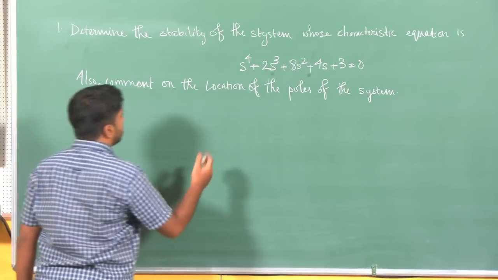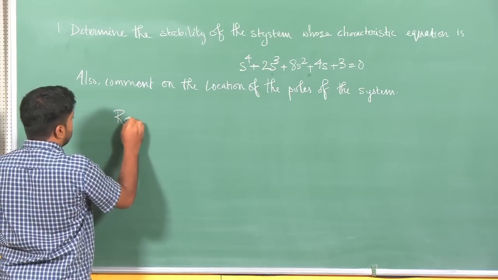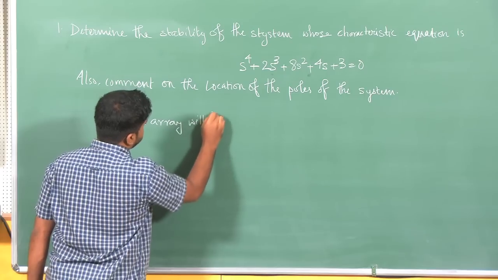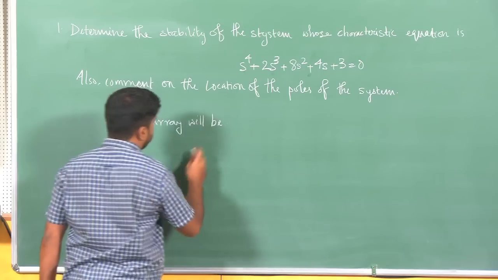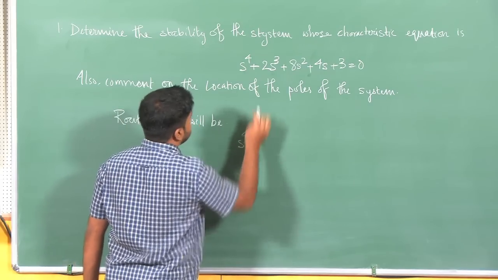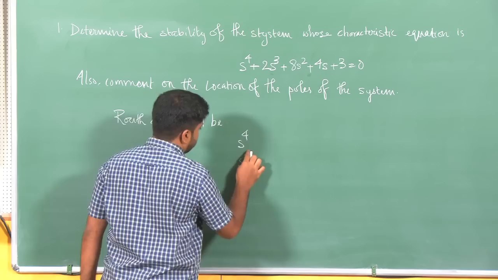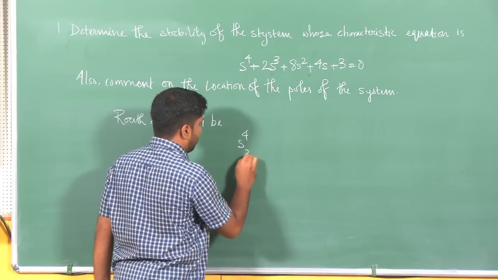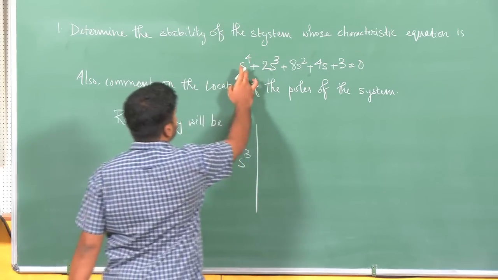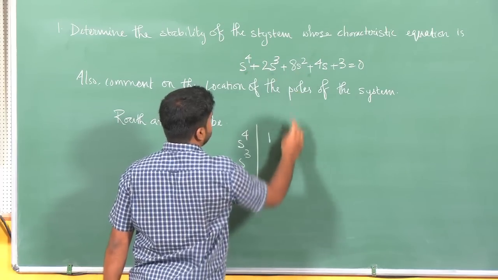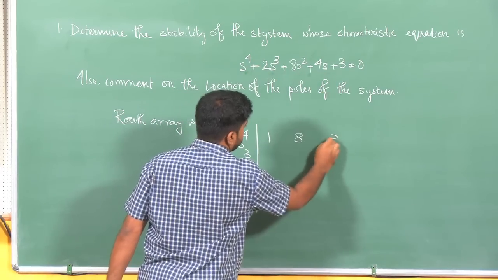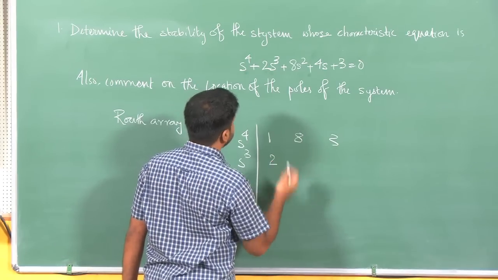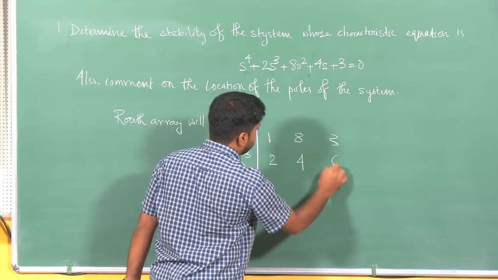Now, for the characteristic equation, the Routh array will be, so we take first s to the power 4, then s to the power 3. Now, for s to the power 4 first 1, alternatively 8 and then 3, and for s cube, 2 and then 4 and then 0.